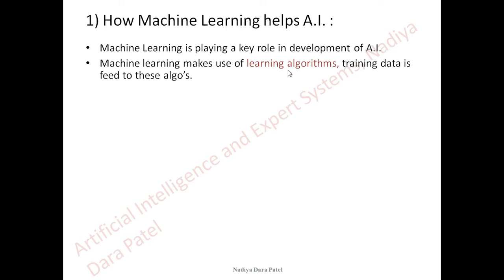As the name suggests, they are not the typical or normal algorithms, but learning algorithms. They have the ability to learn from the present and previous data which you feed them.